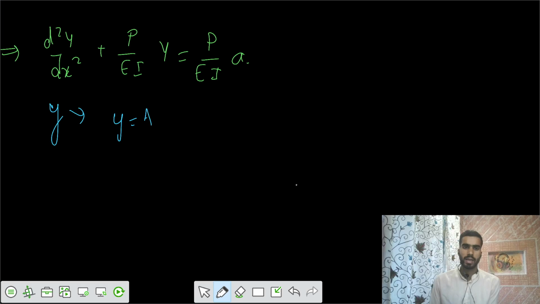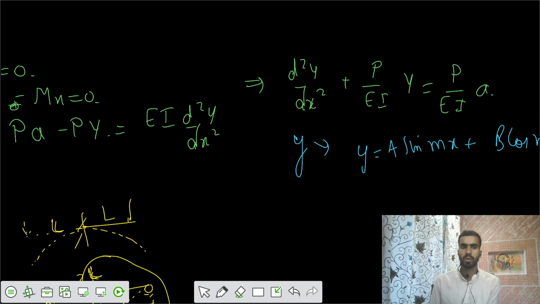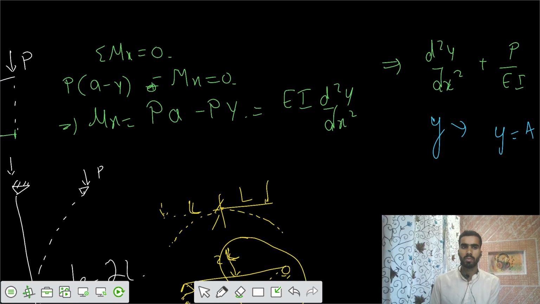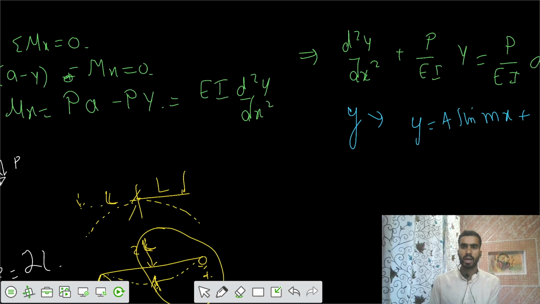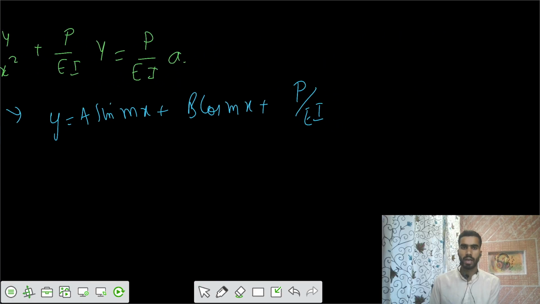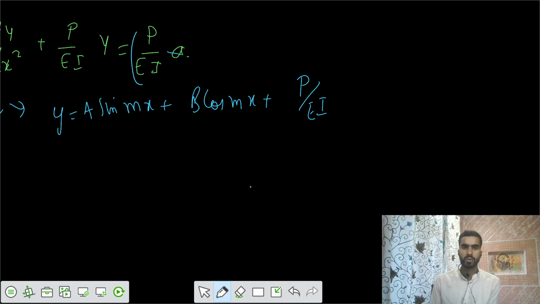y equals A sine mx plus B cos mx plus that P by EI, and you divide. Actually, is it P by EI? Both we wrote as P by EI at both ends. Actually, it's P by EI of y, and this one is P by EI of a. So you have this s square by m square.